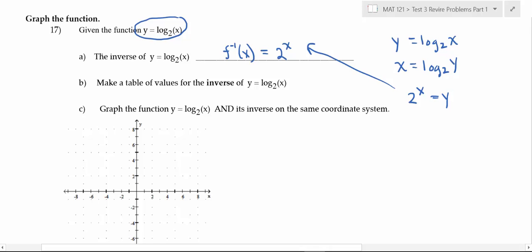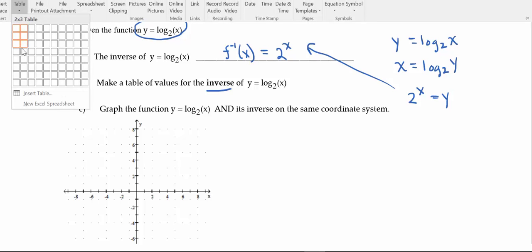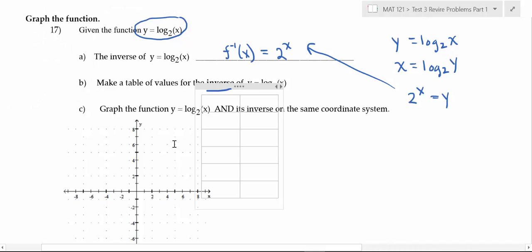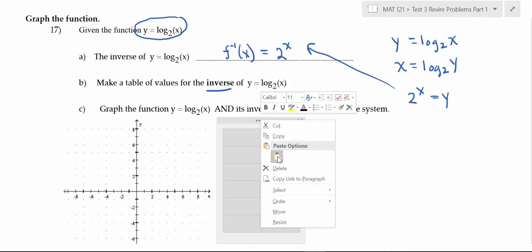Okay, next thing we want to do is make a table of values for the inverse of the log. This is the way I want to guide you through this problem. So I'm going to insert a table here, with enough values for the inverse. Then I'm going to make a second table.